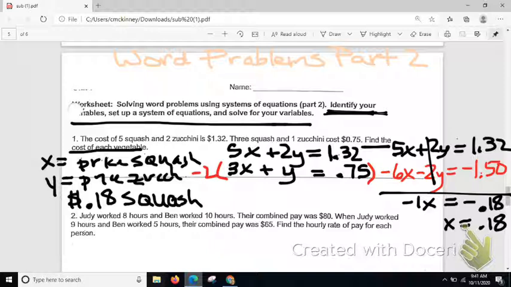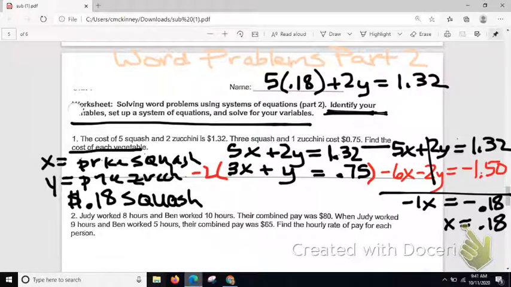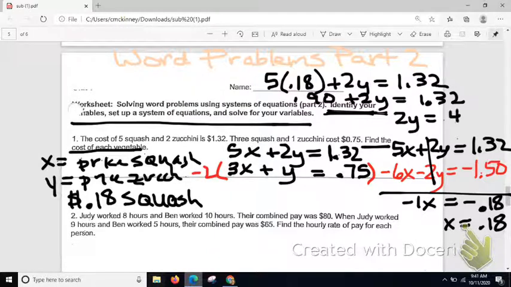So let's go back, figure out how much that zucchini is. So I can plug it into either equation. So if I go to that top one, I'm going to do 5 times 18 cents plus 2y is $1.32. So that's 90 cents. If I take the 90 cents away from the $1.32, I get 2y is 42 cents.